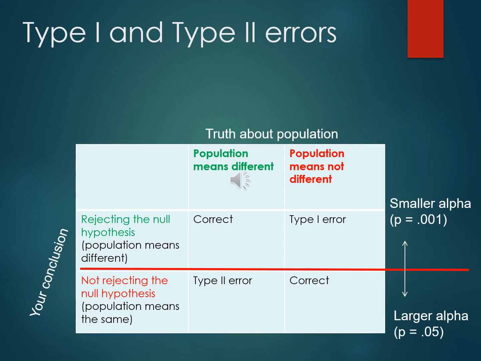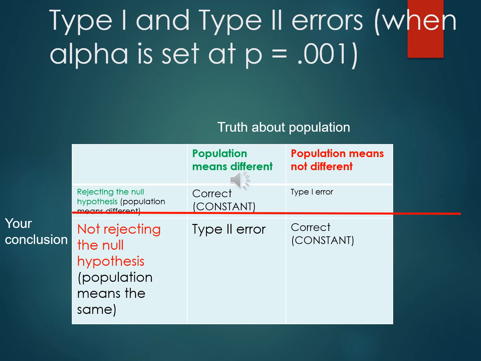We talked about various factors, such as effect size and sample size, that affect type 1 and type 2 error. I'm hoping that you still remember that. Because of the limited time, here we focus on the alpha level, which is going to determine the risk of type 1 and type 2 error. Say you decide to use a very small alpha, such as a p-value of 0.001.